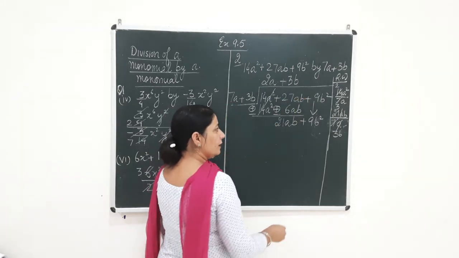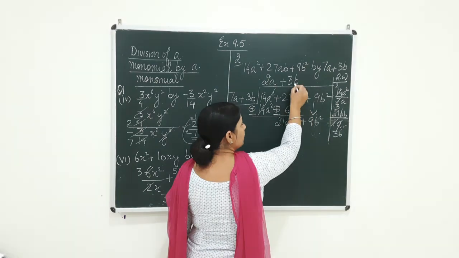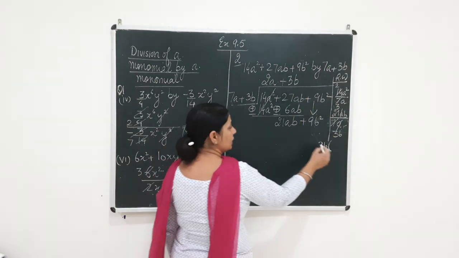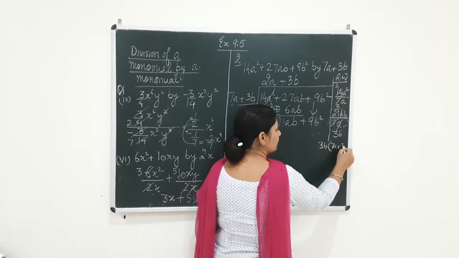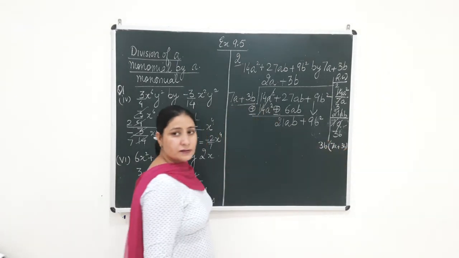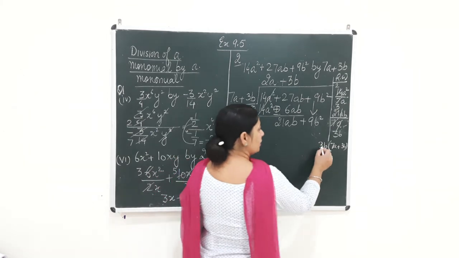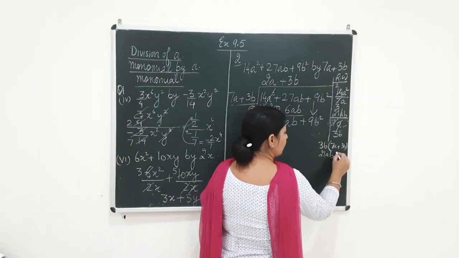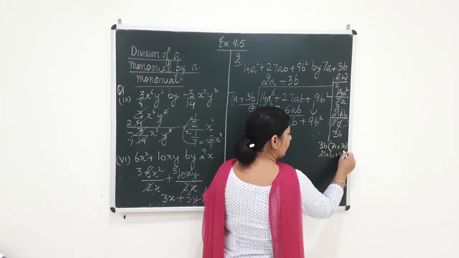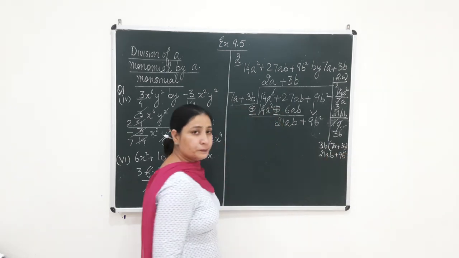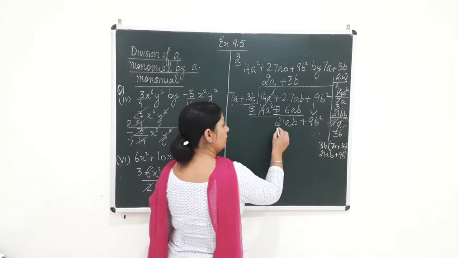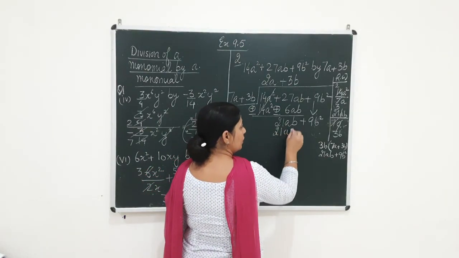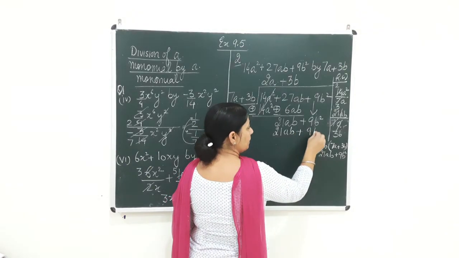After that, again the same step is to be followed. This quotient 3b has to be multiplied with this binomial 7a plus 3b, which is my divisor. Now what do I get? 3 7s are 21ab and 3 3s are 9b, b multiplied with b will give you b square. So whatever you are getting here will be written here, 21ab plus 9b square.